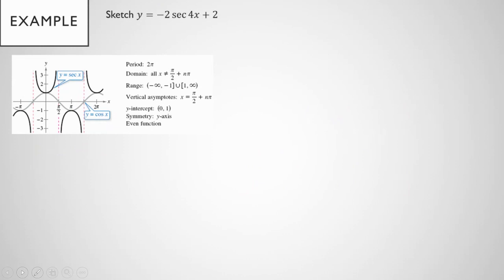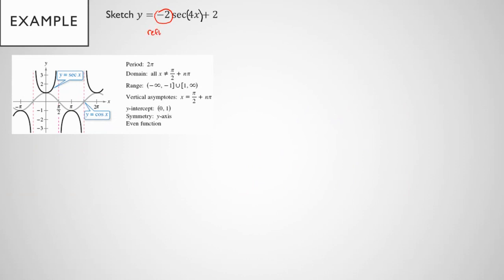So now I've got another one here, secant. We have y equals -2 times the secant of 4x plus 2. If there's no parentheses, it is assumed that the +2 is not with the secant, so it's outside of it. To break this down, we have this -2 here.